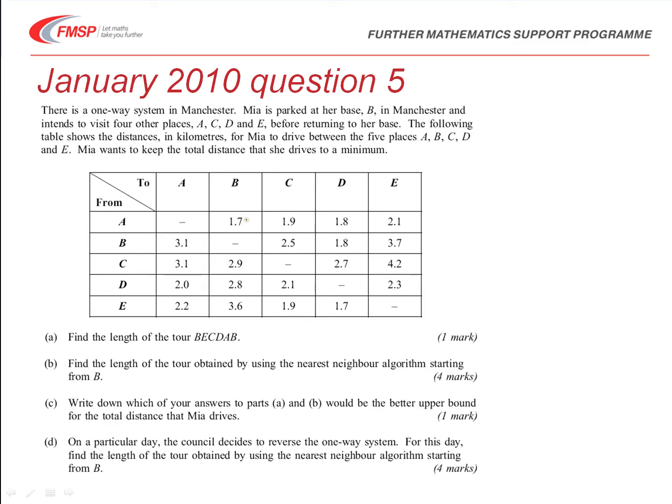In the first part of this question, it asks you to find the length of the tour BECDAB. You can see in the matrix that B to E is 3.7, E to C is 1.9, C to D is 2.7, D to A is 2, and then finally A to B is 1.7.